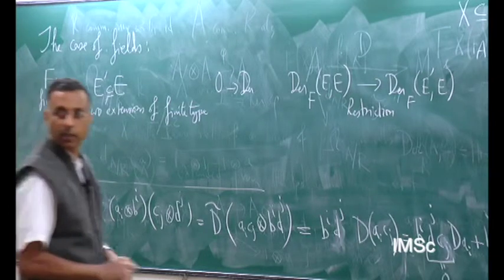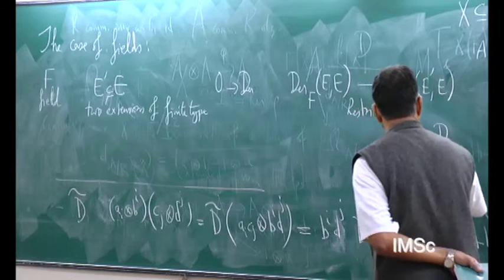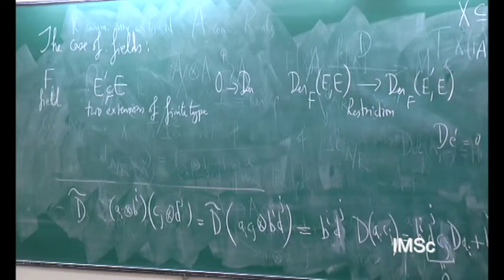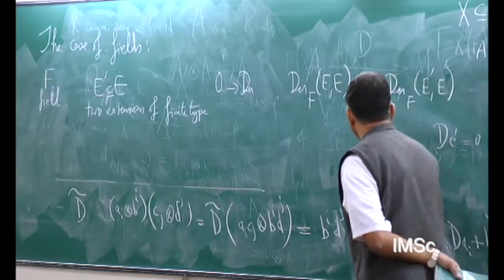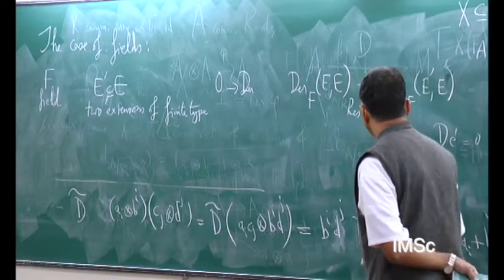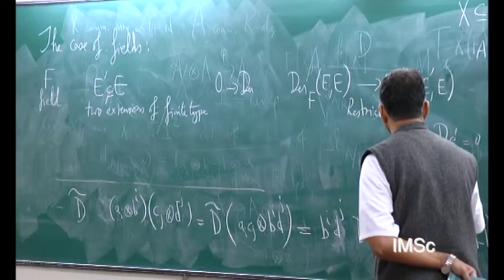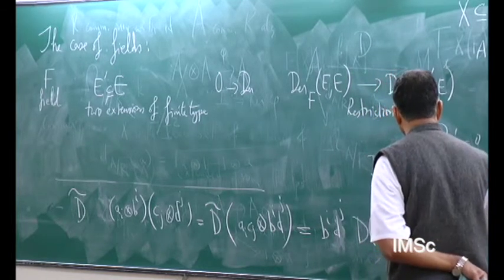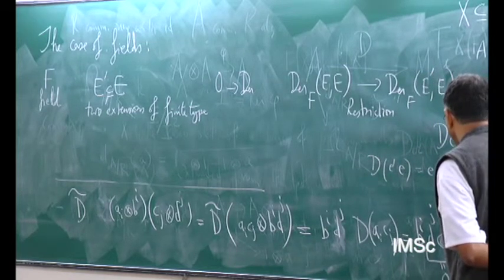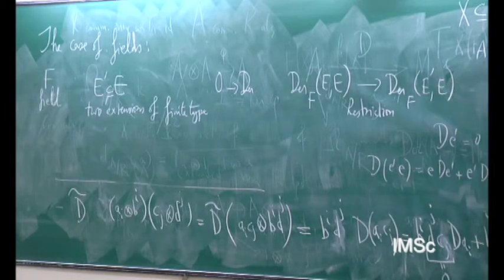So if I have a derivation D, and it is 0 on E prime, then I claim it is E prime linear. Why? Because D of E prime E, by the Leibniz rule, is E D E prime plus E prime DE, but this is 0, therefore it is E prime DE.